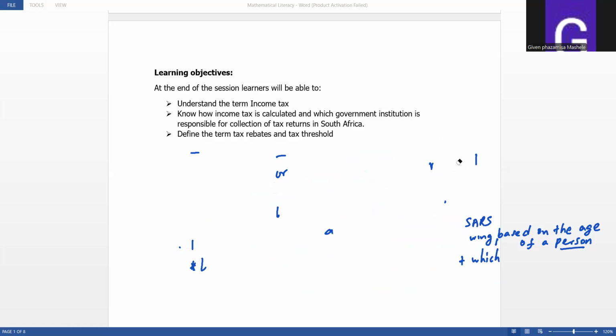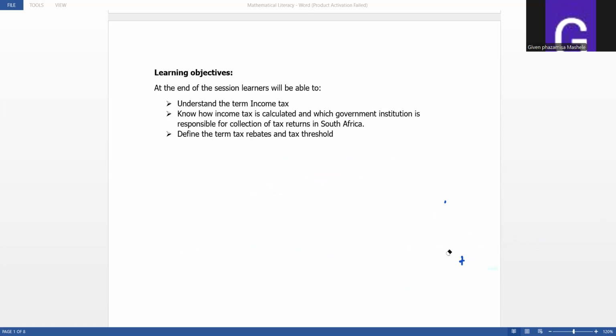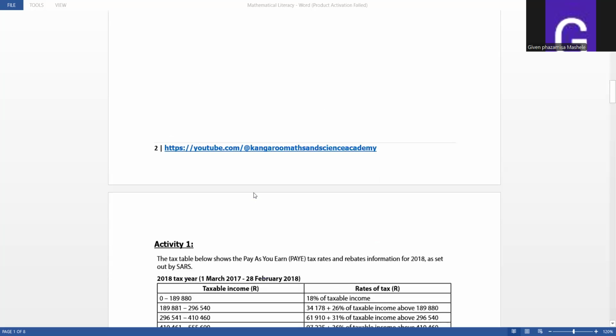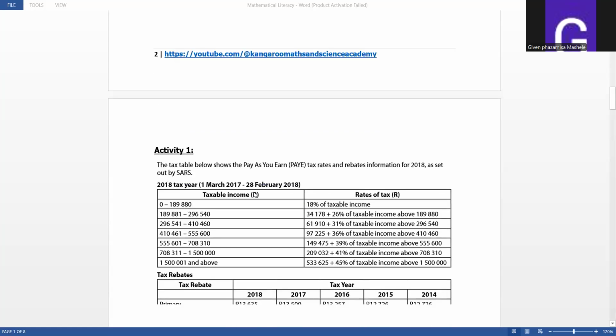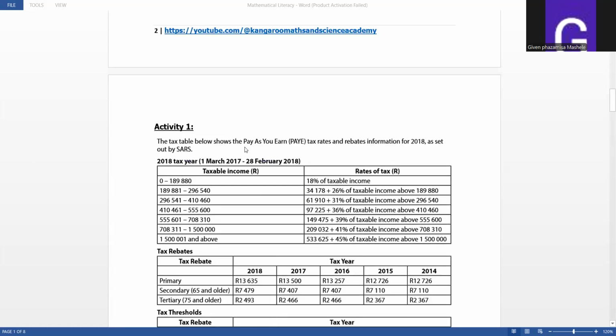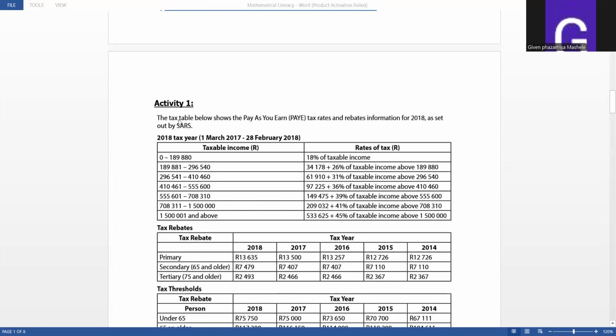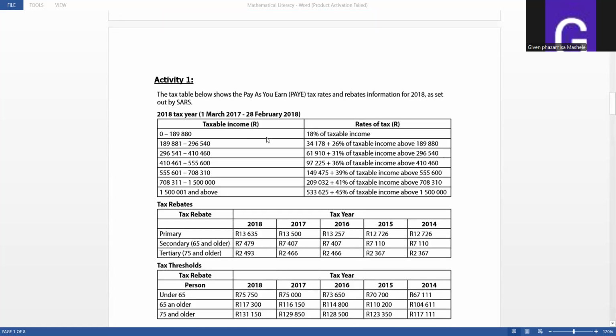First of all, we need to talk about the non-taxable income. Here is one example of a tax table which we'll be talking about, which is set by the South African Revenue Services.